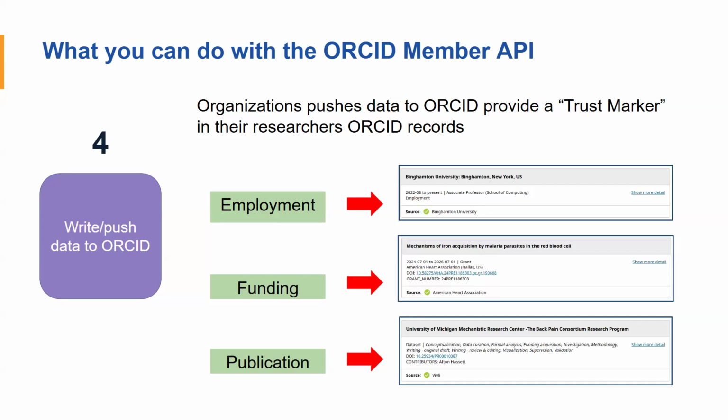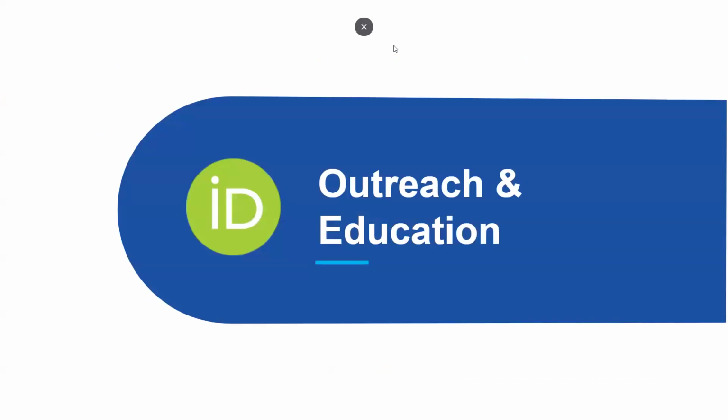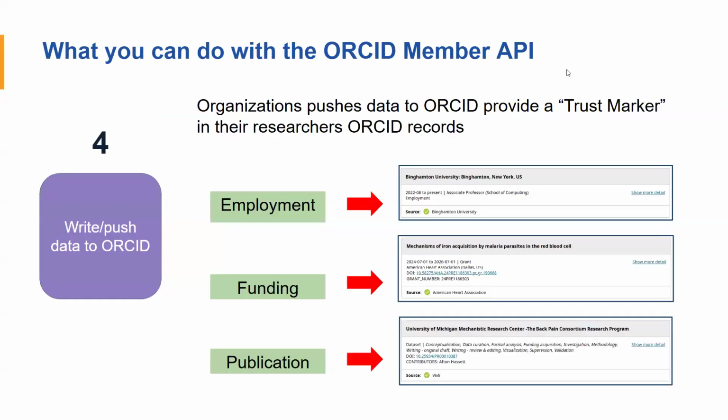We also see an example of a funding entry on somebody's ORCID record, and this one is from American Heart Association, showing the award that this researcher has received from American Heart Association. And finally, there's a publication example with Vibly here.